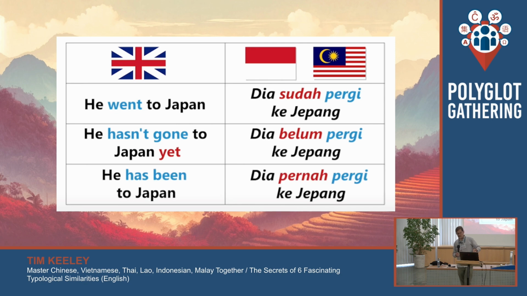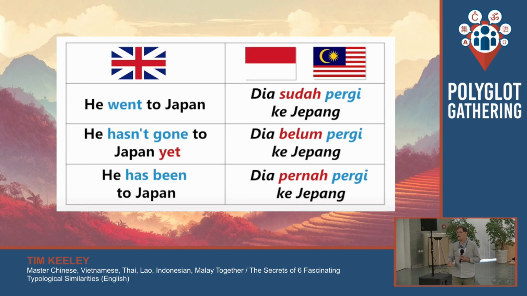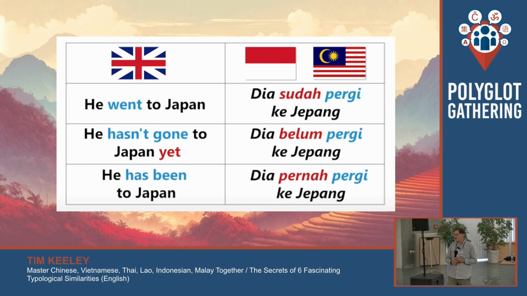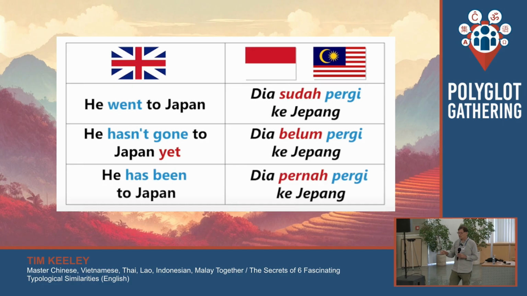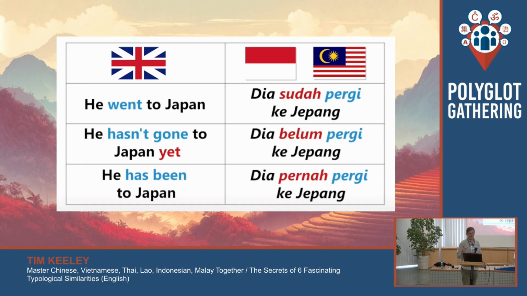Dia pernah pergi ke Jepang. And it would be kind of strange to say tidak, no, because that means they're showing no desire to go to Japan at all. Belum. All right, someday I will go. You're getting the picture of how it's communicating? So it's very culturally based, the correct answer.